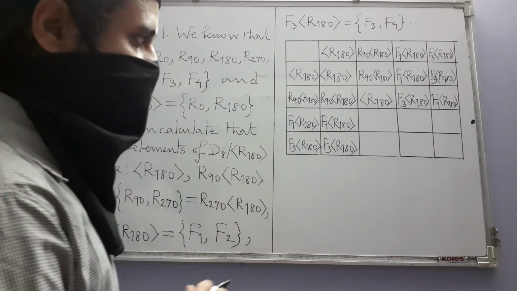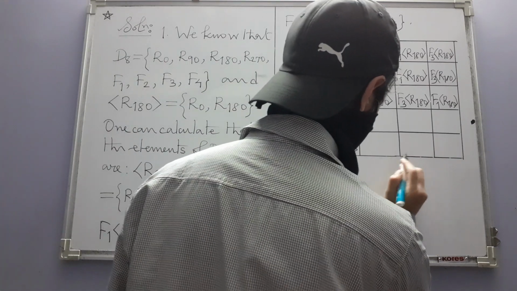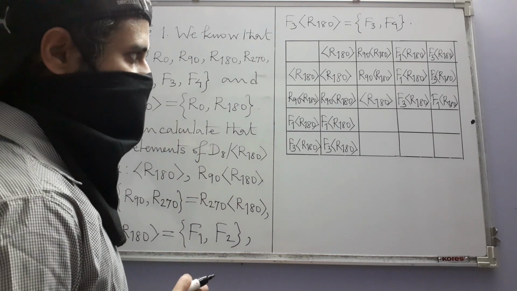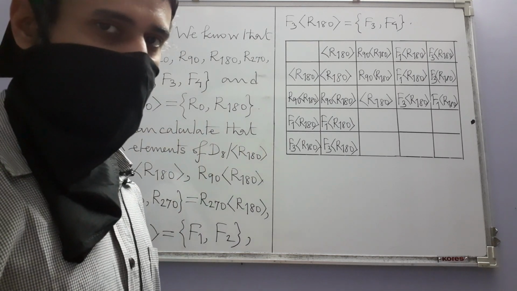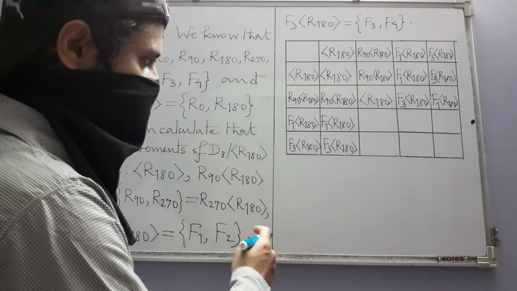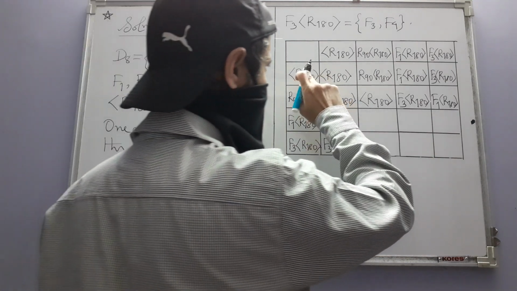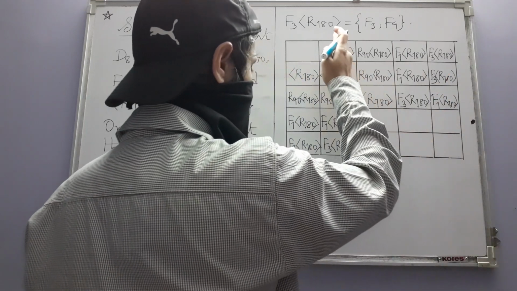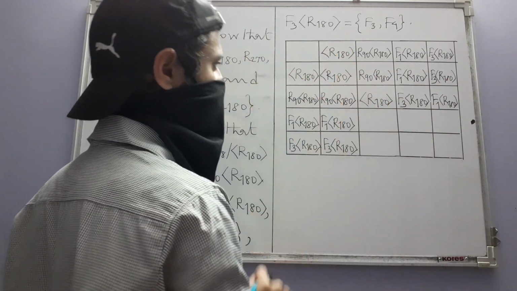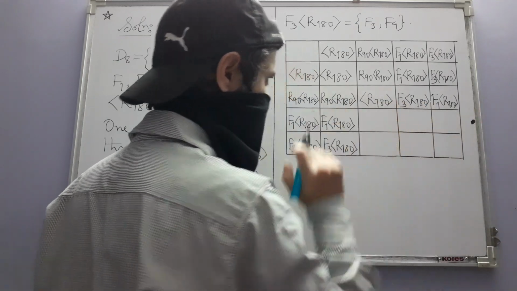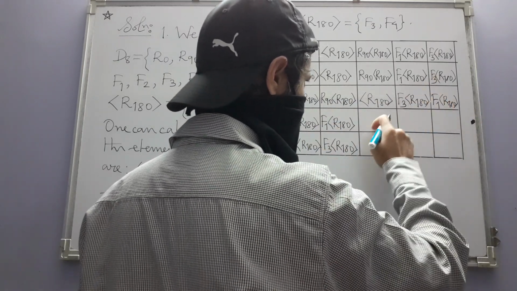There is one more thing that will help you. Because this group has order 4, it has to be abelian. Any group whose order is at most 5 is abelian. So once you find a row, correspondingly you also have the column. So now that we have this row, we also have these two entries, and they are going to be this and this.